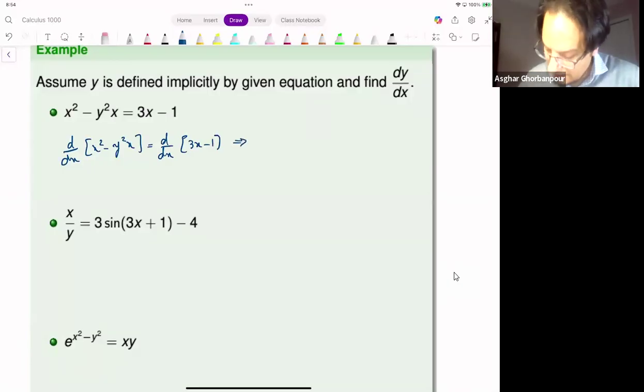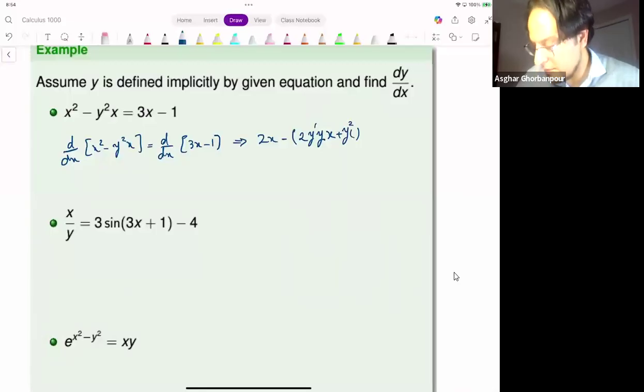Then you use differentiation rules. The first one is 2x minus. For the second one, we have to use the product rule. The derivative of y squared is not 2y. You have 2y prime y times the second one, plus the first one times the derivative of the second one. The derivative of x is 1. And here you get 3.